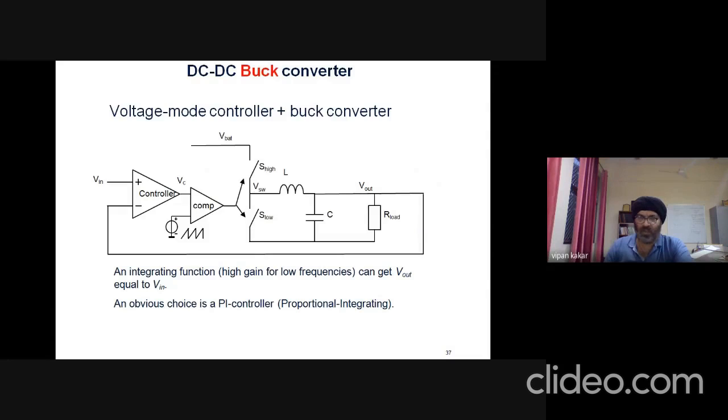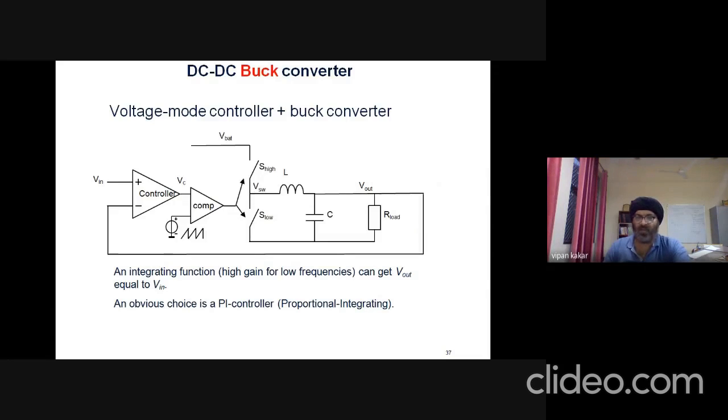What's the job of a controller? It gets the output fed back at the input of the controller and takes a difference between input and output. The input was applied to this buck converter and the output is fed back, and we take the difference of these and get the control voltage at the output, which is generated by the controller.